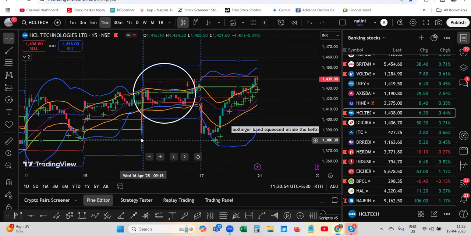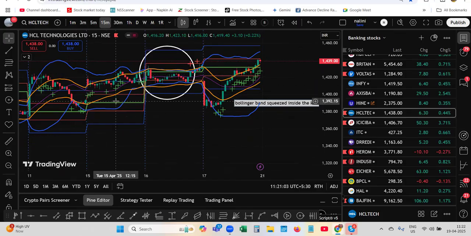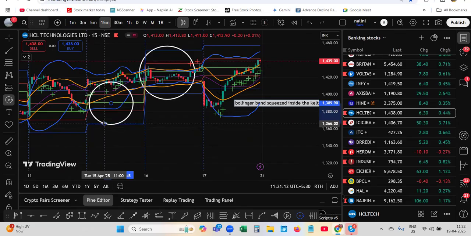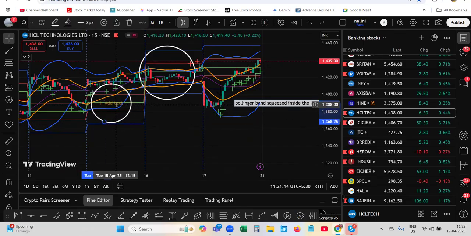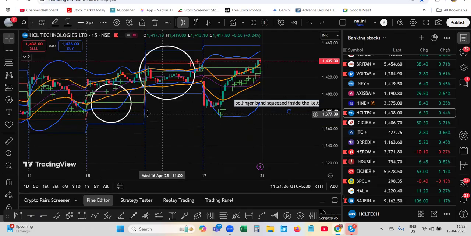Then it took support around the another circle down. The previous day median line is here. Here it came near that area 0.26. You can see clearly. They will act as guidance for you people.